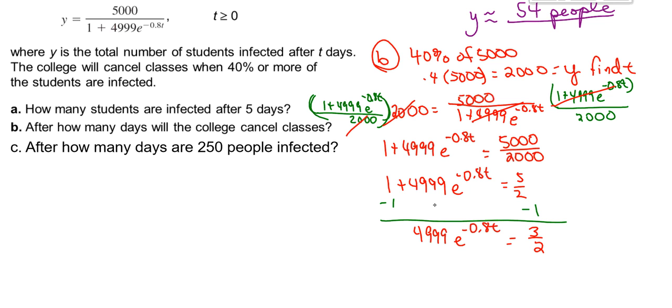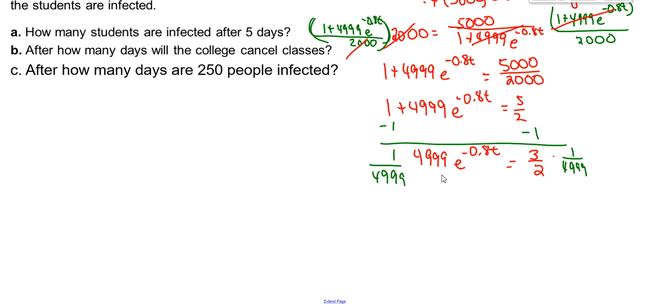And then I'm going to multiply by 1 over 4,999 on each side. And then I'll get e to the negative 0.8 t equals whatever that turns out to be. So that's 3 over 9,998.